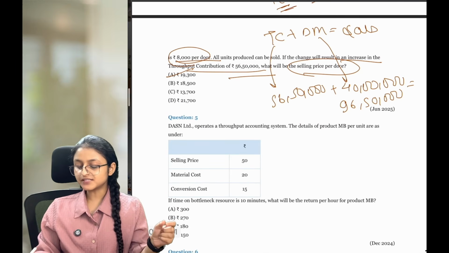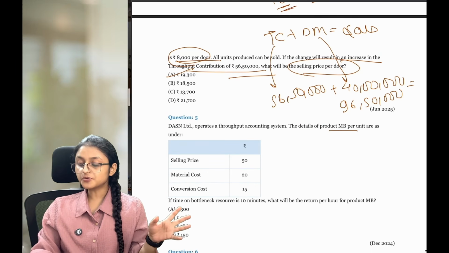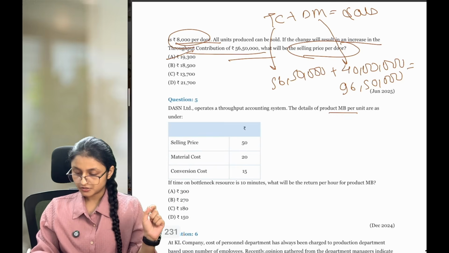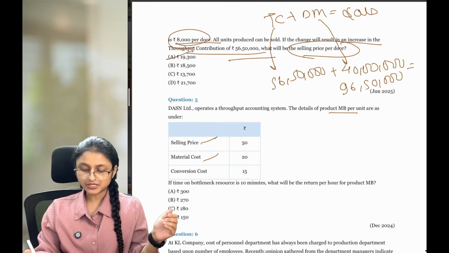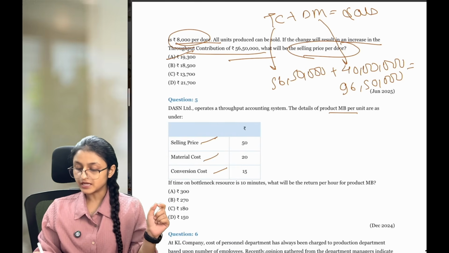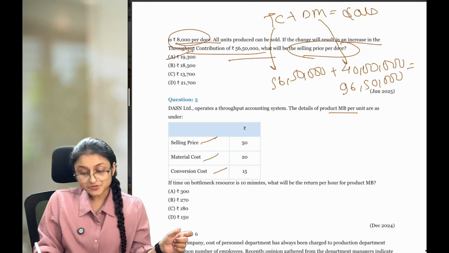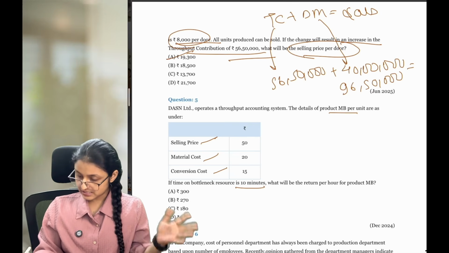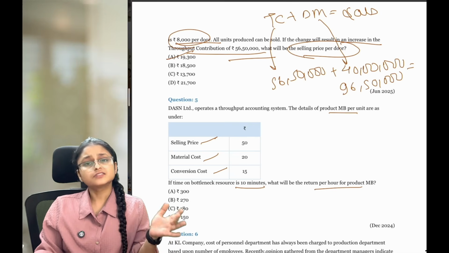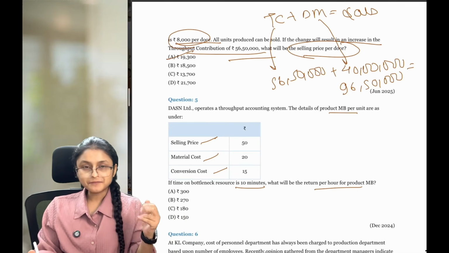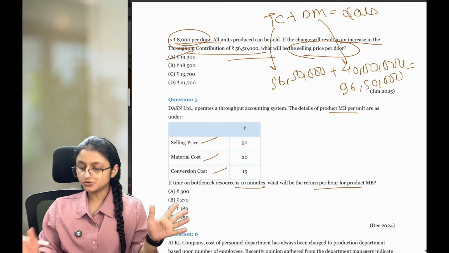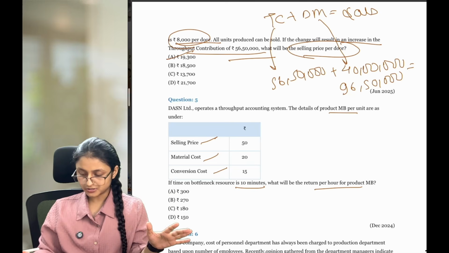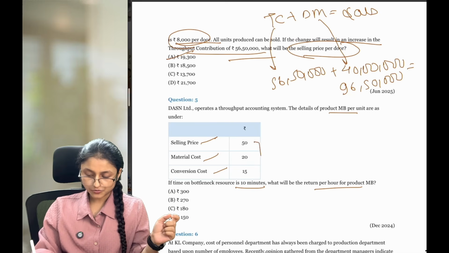Dasan Limited operates a throughput accounting system. The details of product MB per unit are as under. On a per unit basis, selling price and material cost is given to you, conversion cost is there. If time on bottleneck resource is 10 minutes, what will be the return per hour? What is return per hour? Throughput per unit divided by time per unit will give you return per minute. Okay? So let's first calculate that.